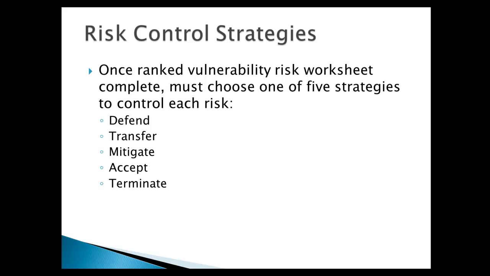Once we've determined the risk from information security threats, they really empower the information technology and information security communities to control that risk. And once the project team for the information security development has created the ranked vulnerability worksheet, the team can choose one of the four basic strategies to control risks that result from these vulnerabilities.